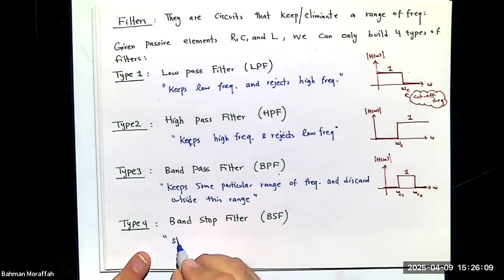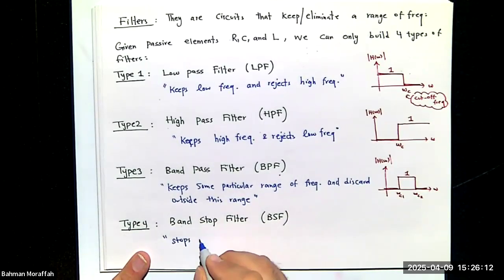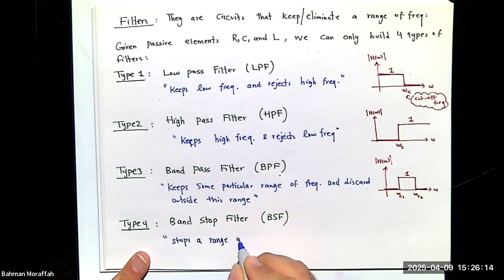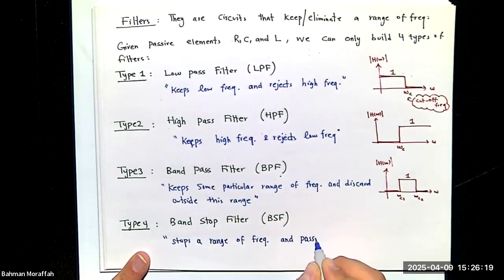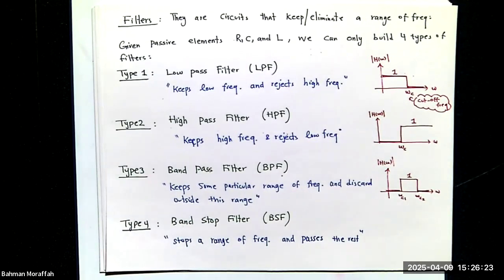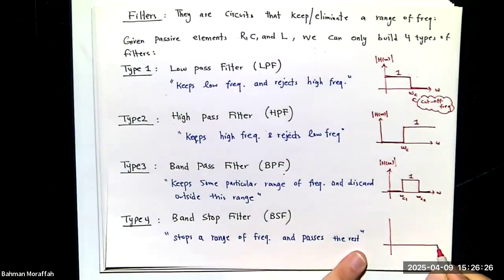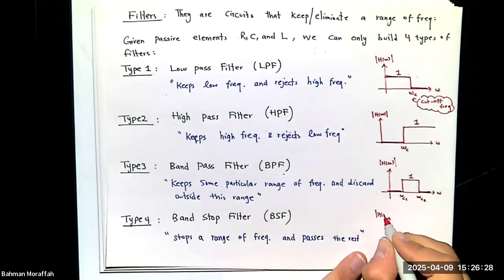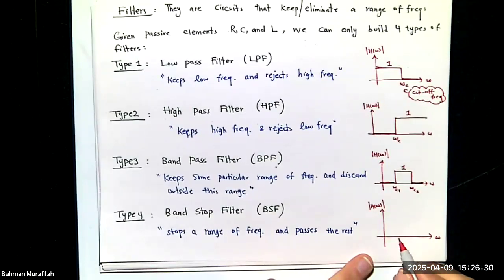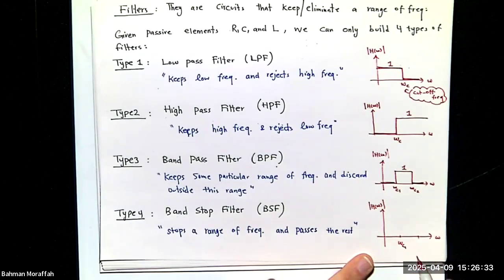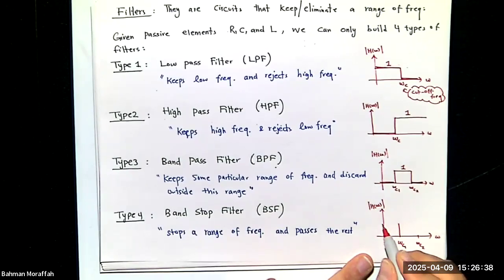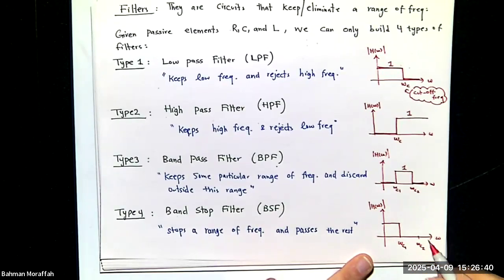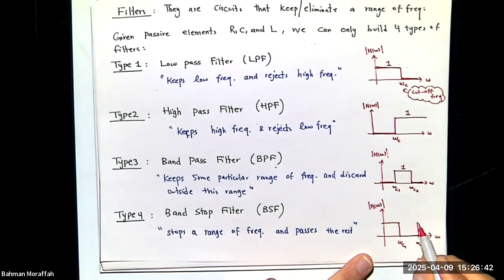So it stops a range of frequencies and passes the rest. And if I want to look at it, let's just say I want to look at the range between omega C1 and omega C2. So it basically keeps whatever is less than omega C1 and whatever is greater than omega C2.